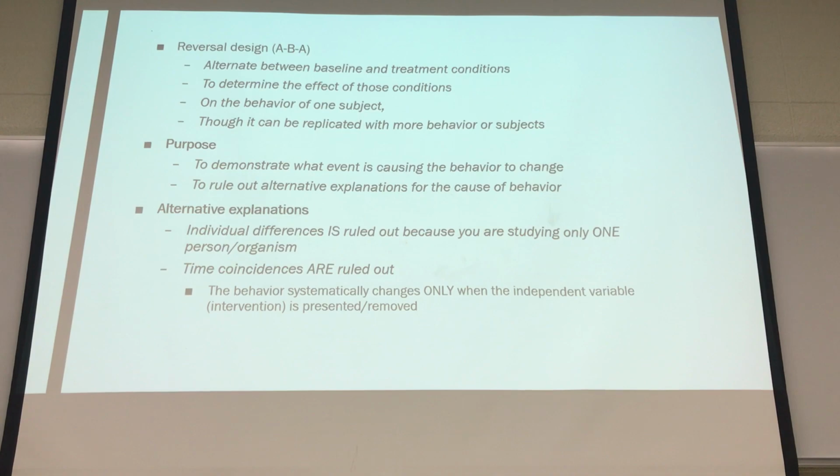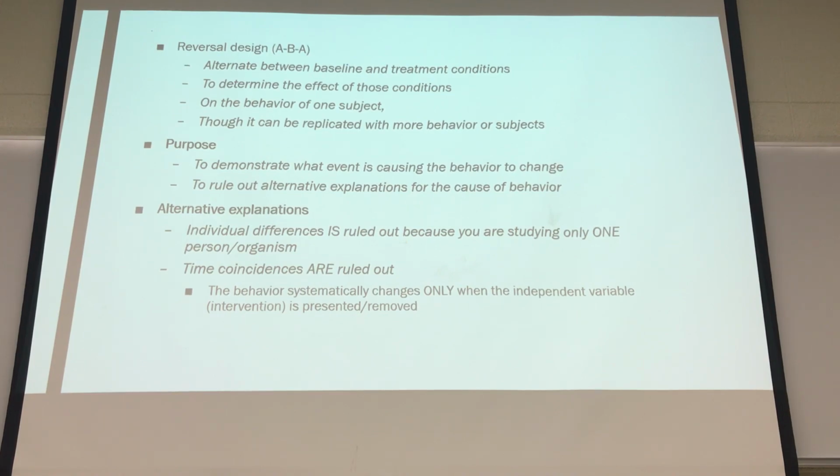And if our treatment, if our independent variable is working, we will only see a change in behavior when the treatment is present. The purpose is to demonstrate that the treatment is working and to rule out alternative explanations for a change or the cause of behavior.